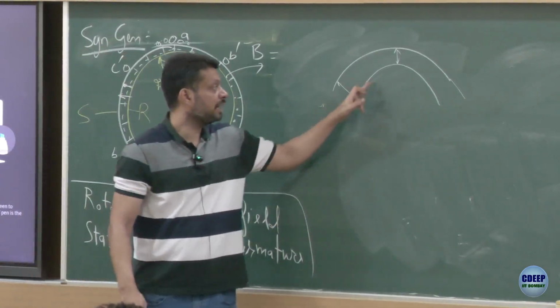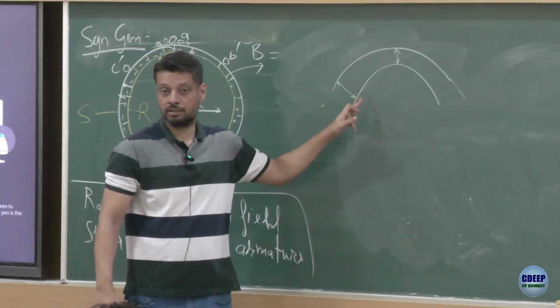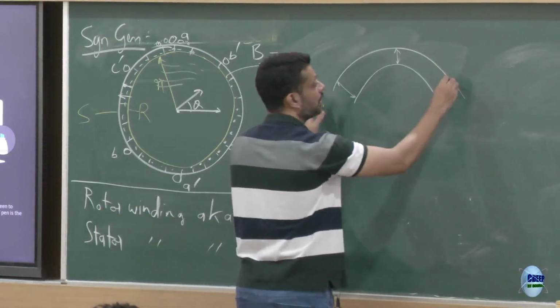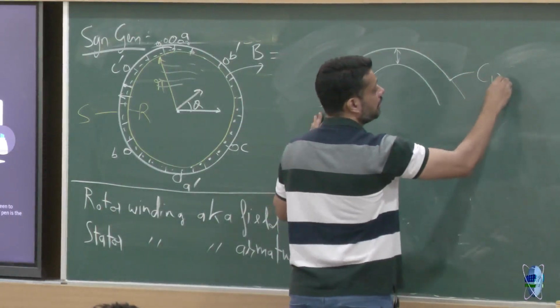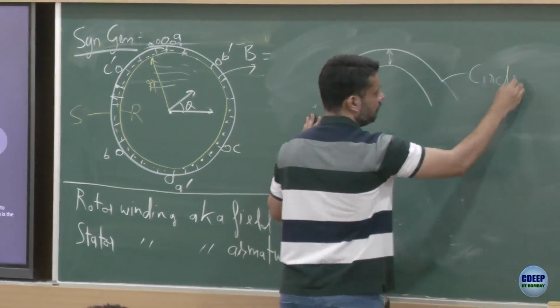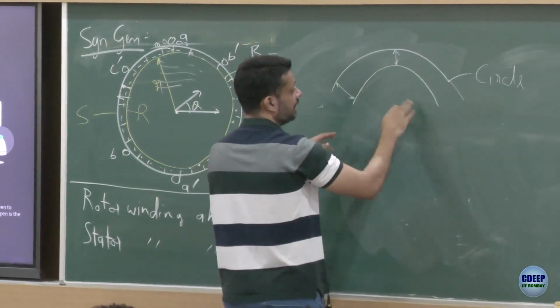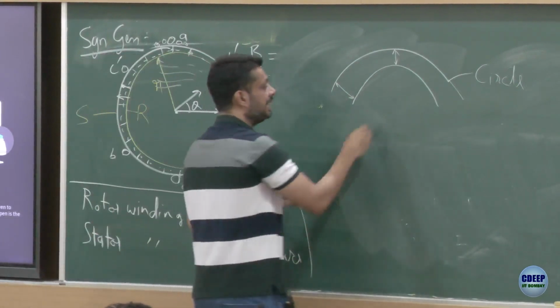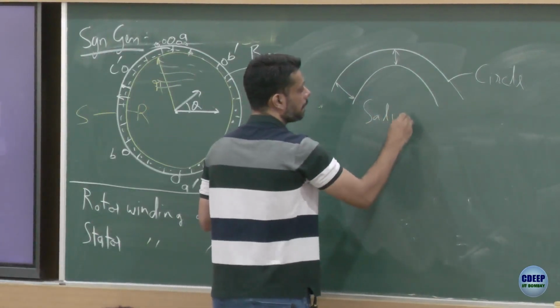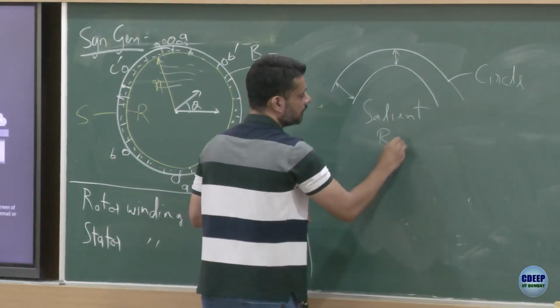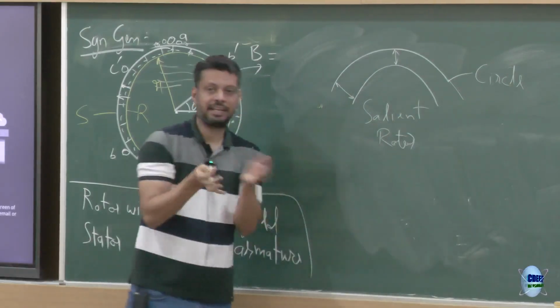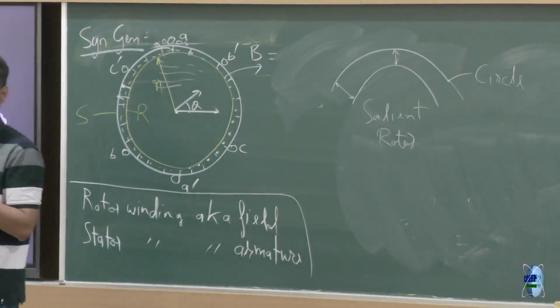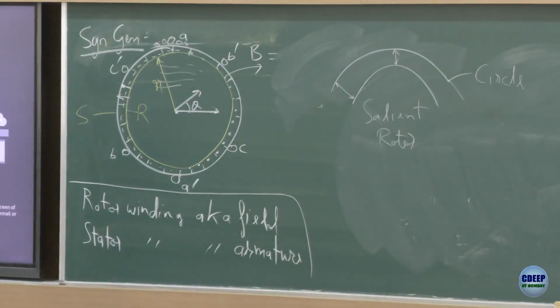Of course, you have to calculate the shape of the rotor. The stator is a circle or cylinder, but this one here cannot be a circular shape. We call it a salient rotor. That means it's not symmetric, it's not circular, it's not a cylinder. It has a shape, imagine it like an oval shape.